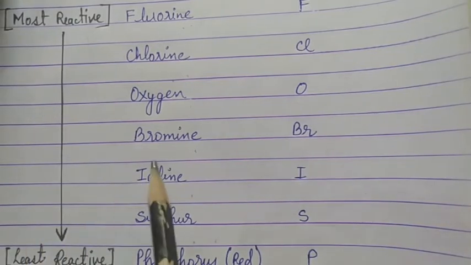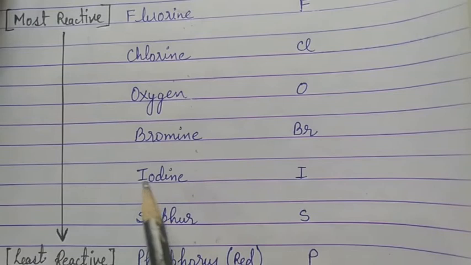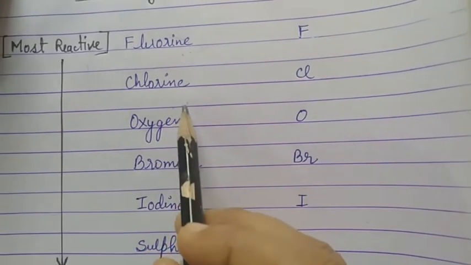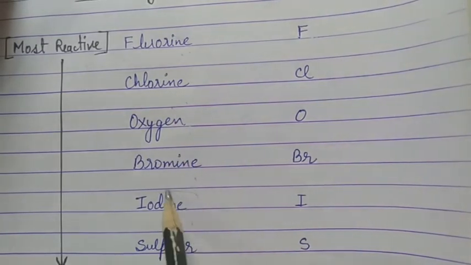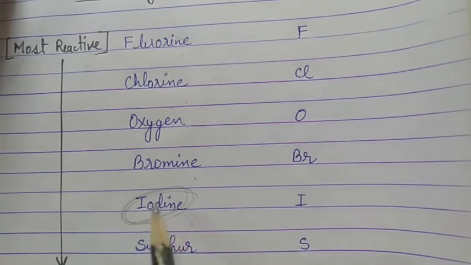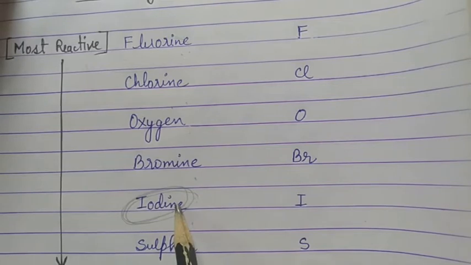Before moving to your book, let me tell you one thing. Suppose we take iodine here. If there is a solution of iodine, and I add bromine to it, what will happen?